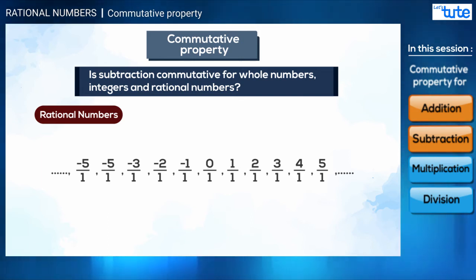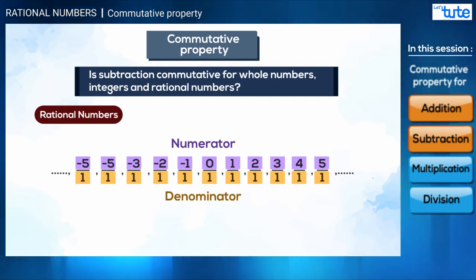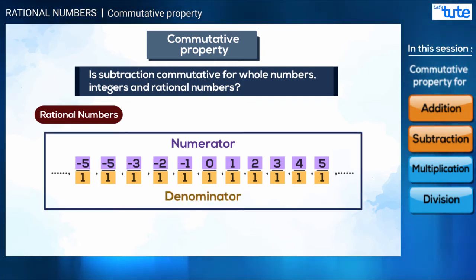Before taking any example, recall that we have learnt rational numbers include all the integers, each of which can be written as a upon b with the integer as numerator and 1 as the denominator. So can we say subtraction is not commutative for rational numbers too?